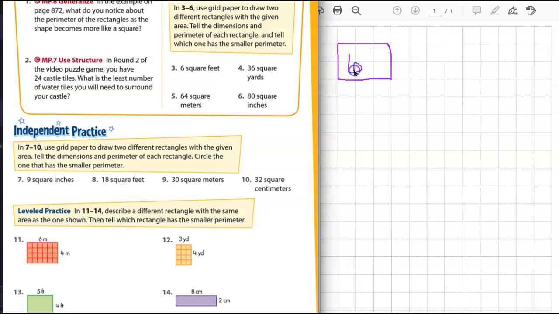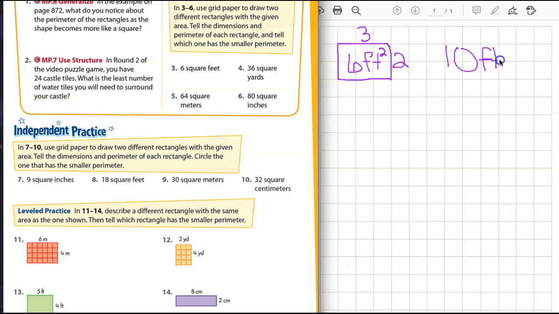So this one has 6 square feet or 6 feet squared. And my perimeter is 3 by 2. So 3 plus 2 is 5, plus 3 more is 8, 9, 10. So this one has a perimeter of 10 feet.